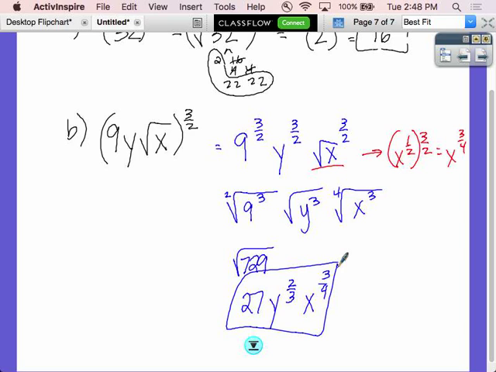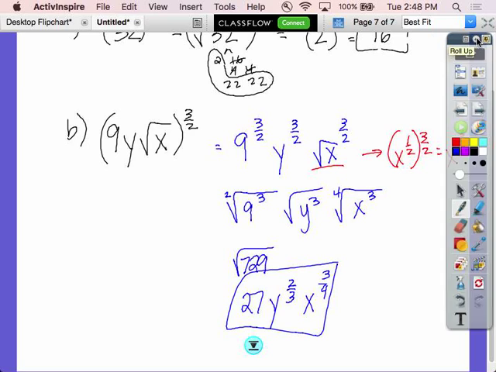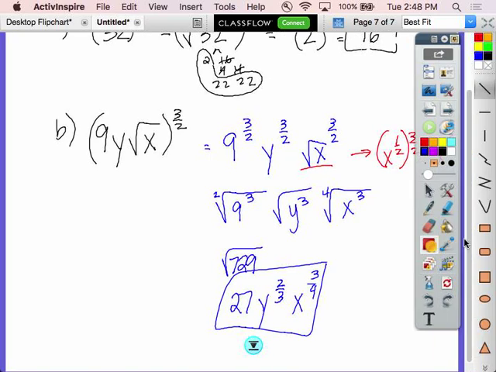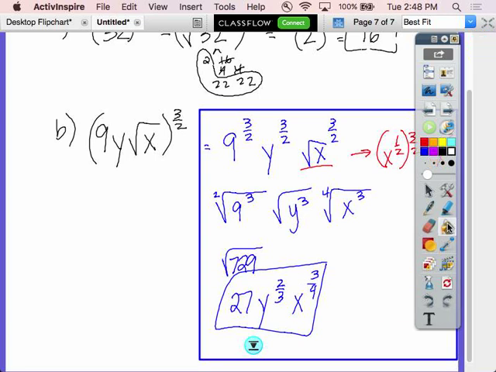Now we've got to do the other way. So, Sierra said, why can't we just start off by changing it? So, if I do that, I'm going to try it. We'll see how it goes.